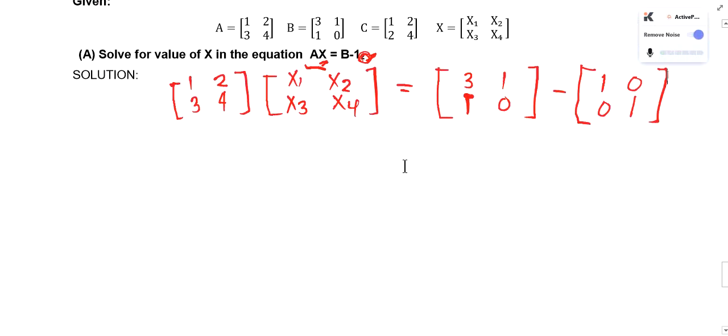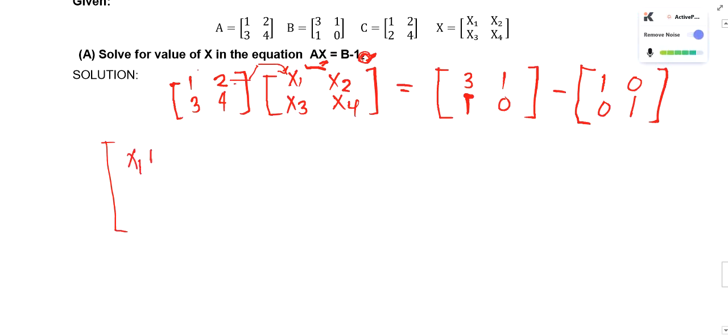So, let's multiply natin yung A times X. So, we have 1 times X1. So, multiply natin yung row dito sa ating column, and then yun yung magiging element ng ating first row, first column. So, 1 times X1, X1, plus 2 times X3, that is 2X3.